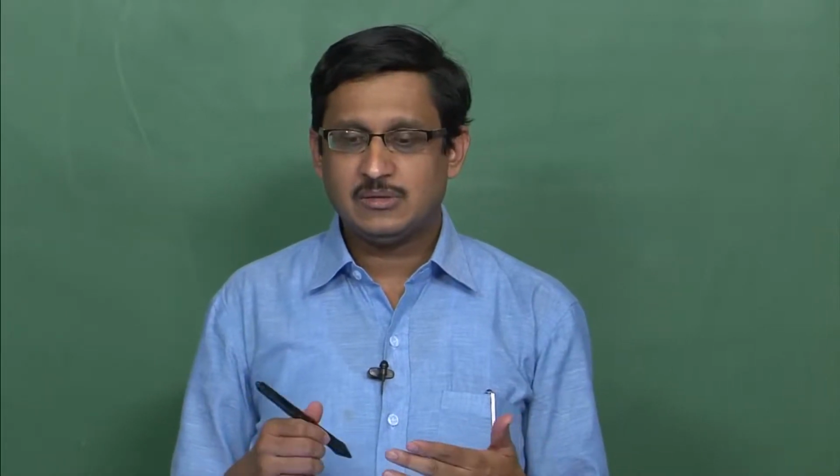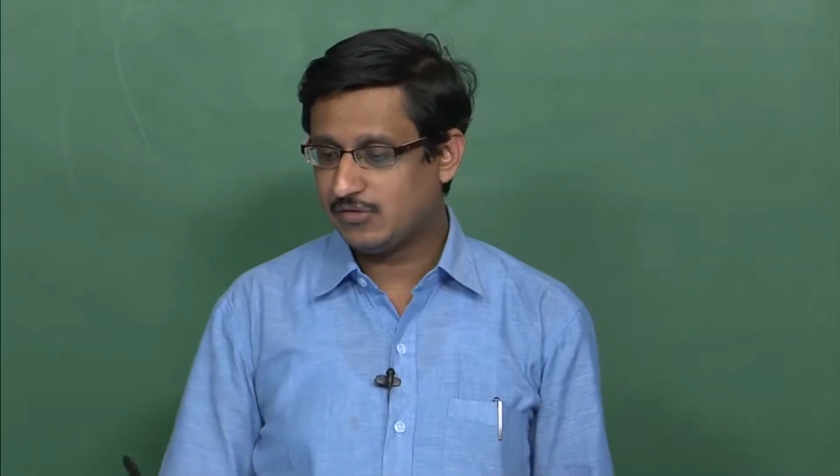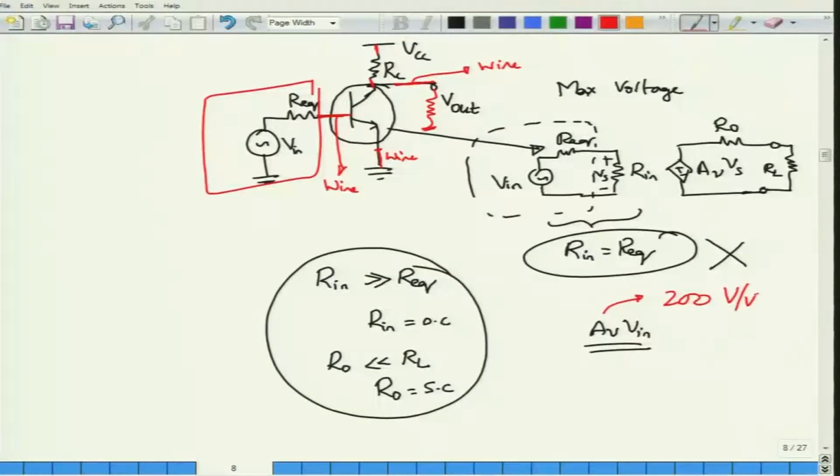Okay. So, because of this, and because of the large voltage gains that are involved, typical values of AV for a stage would be about 200 volt per volt or more. So, you are rarely bothered about the loss of power that comes because of the finite length of the wires.